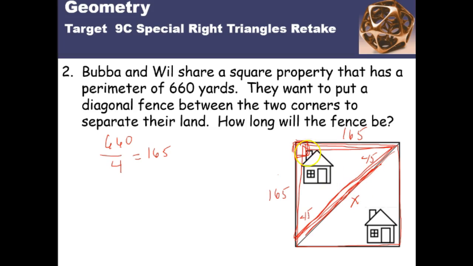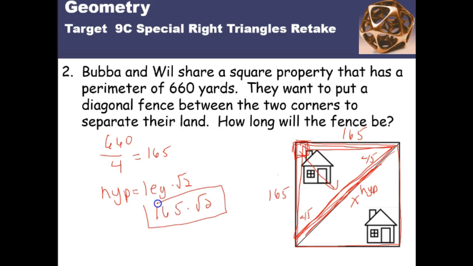So that's x. So I notice that that's a hypotenuse, and the rule is, remember, the hypotenuse is a leg times radical 2. So my legs are both 165, so I do 165 times radical 2. So my answer is 165 radical 2.